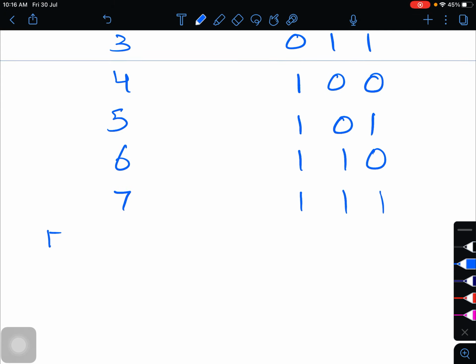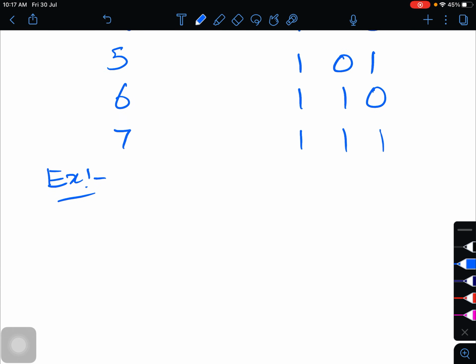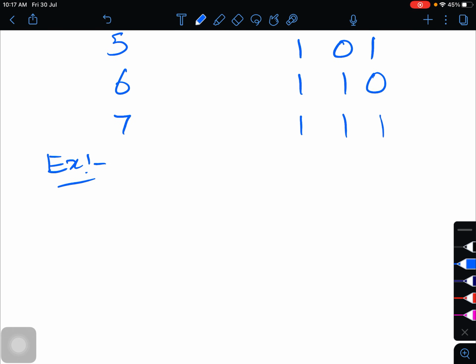Let us take one example to understand this. Suppose 345 is given in octal number system, and we want to convert it into binary number system. So what we do, we just write the binary equivalents of the given values in octal number system.